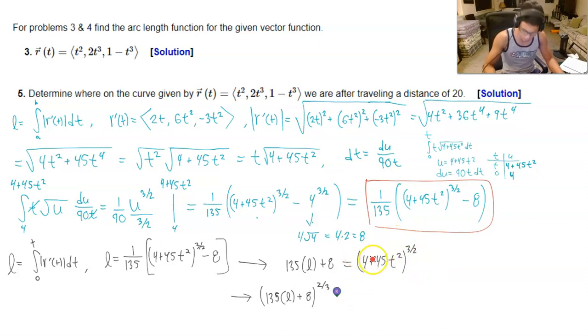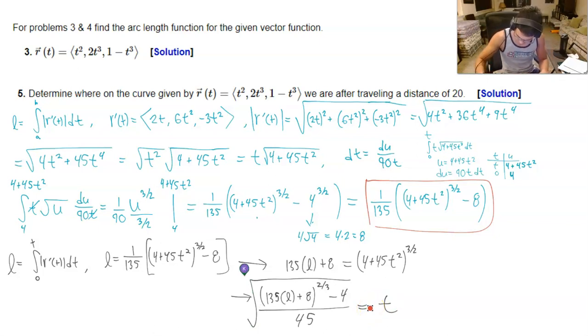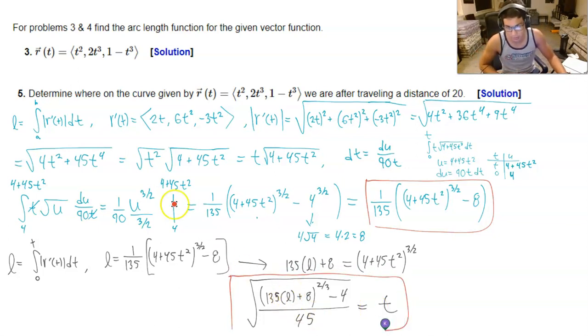So let's minus the 4, and then let's divide by 45, and then now let's square everything. There you go. Let me erase this little arrow right here. Now you have your time as a function of the arc length.